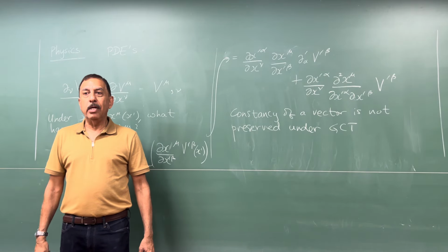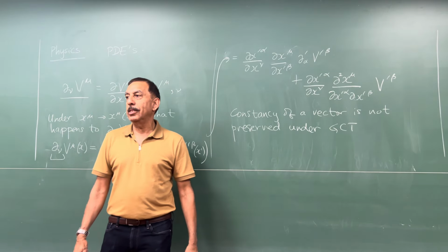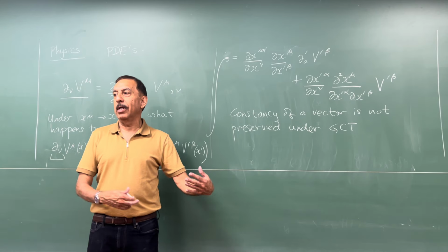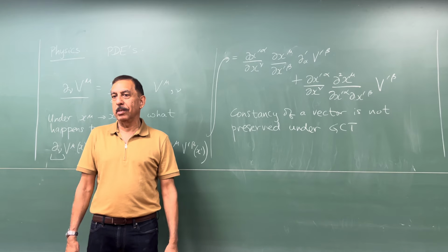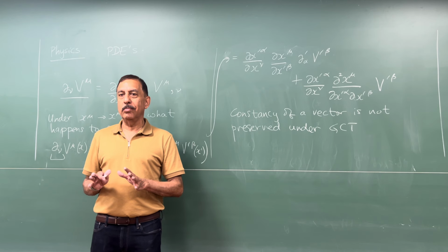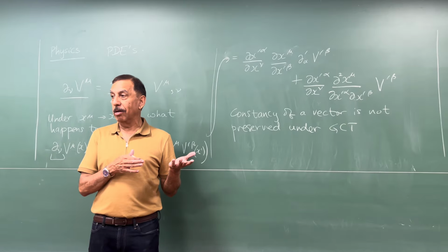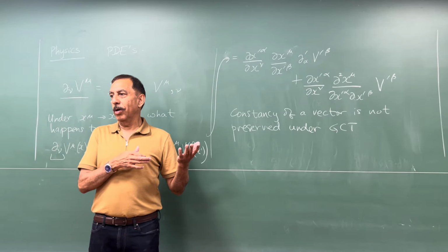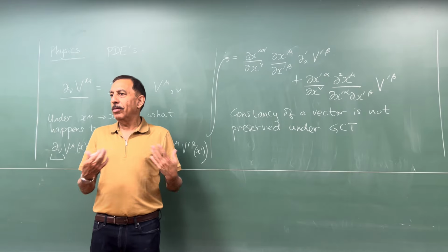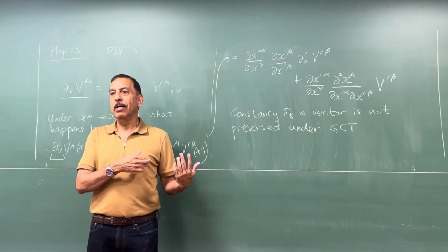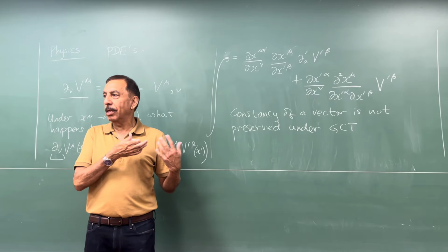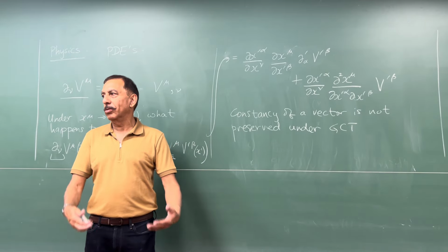That's a little bit worrying, and it's not something which happened in special relativity. It's also not something which happened when we were studying rotationally invariant systems. Both in rotationally invariant and Lorentz invariant systems, if a vector was constant in one frame, then in a rotated frame or a Lorentz transformed frame, it was still constant, because the matrix multiplying the vector to go from one frame to the other is a constant matrix. So constant goes to constant.